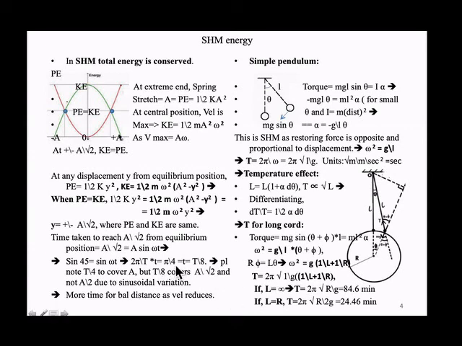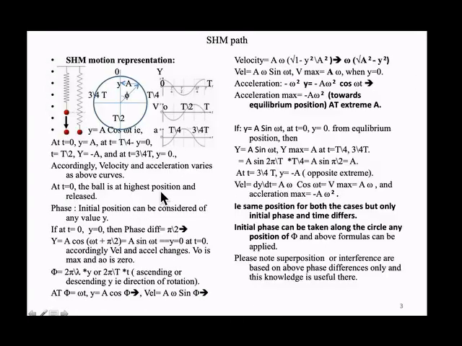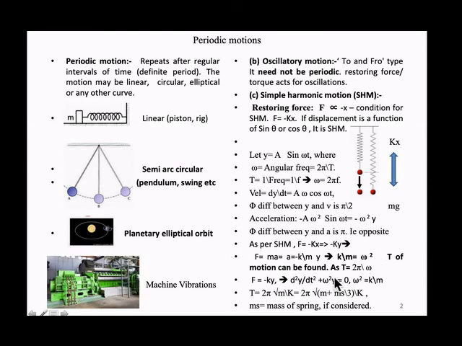Note down this point. So now let us find out the time period of various applications. In a spring case, what is the time period? T is equal to 2 pi by omega. We know omega square is k by m.